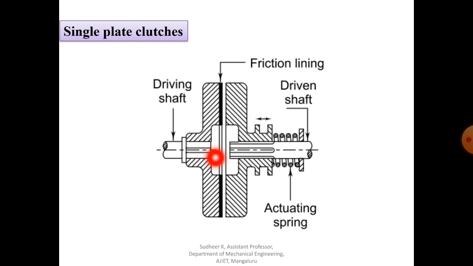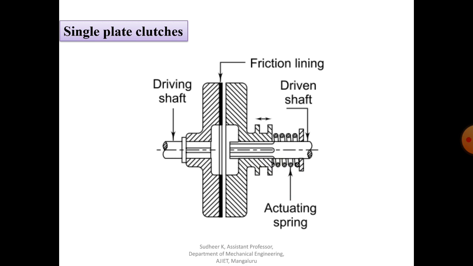The actuating force required is provided by a helical compression spring. You can see here. Sometimes we have to design this helical spring also. You know how to design a spring.